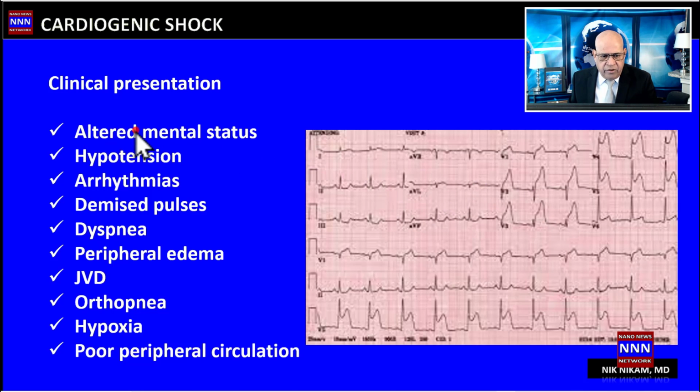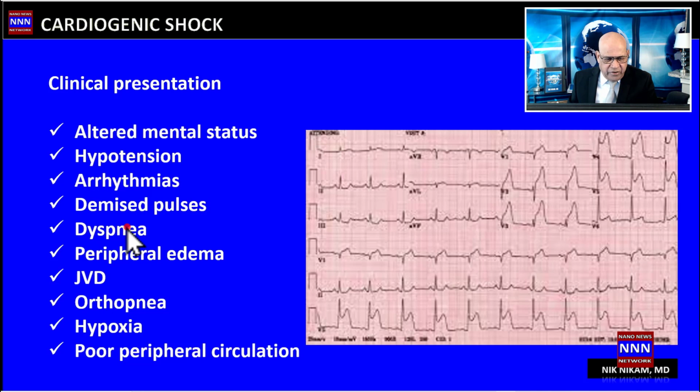These patients may have altered mental status, hypotension, which we already talked about, and because of the significant amount of myocardial damage and ischemia, we can see all kinds of arrhythmias: PVCs, multifocal PVCs, ventricular tachycardia, VFib, and even atrial arrhythmias like atrial fibrillation. Diminished pulses.